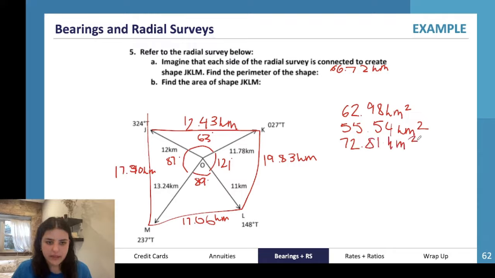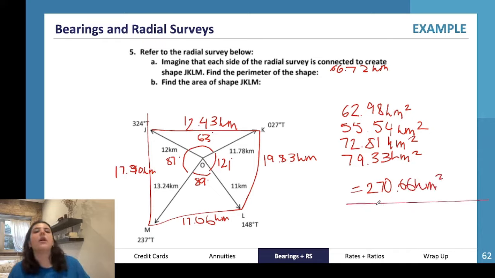And the final one is half times 13.24 times 12 times sine 87. And that is 79.33 kilometers squared. So we add all those together and we get 270.66 kilometers squared.